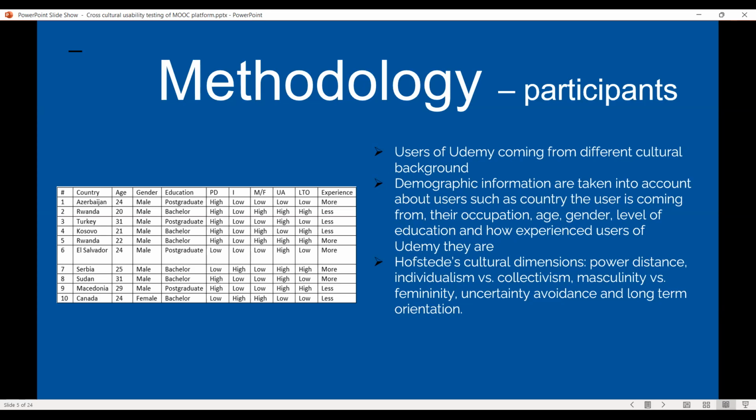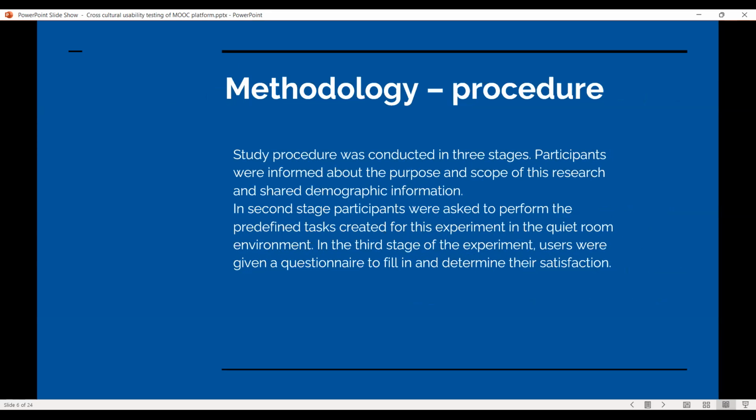Apart from that, we have looked into Hofstede's cultural dimensions of their countries, which are power distance, individualism, masculinity, uncertainty avoidance, and long-term orientation, in order to compare results from the VROOM3 questionnaire and look at them through these Hofstede's cultural dimensions in the end.